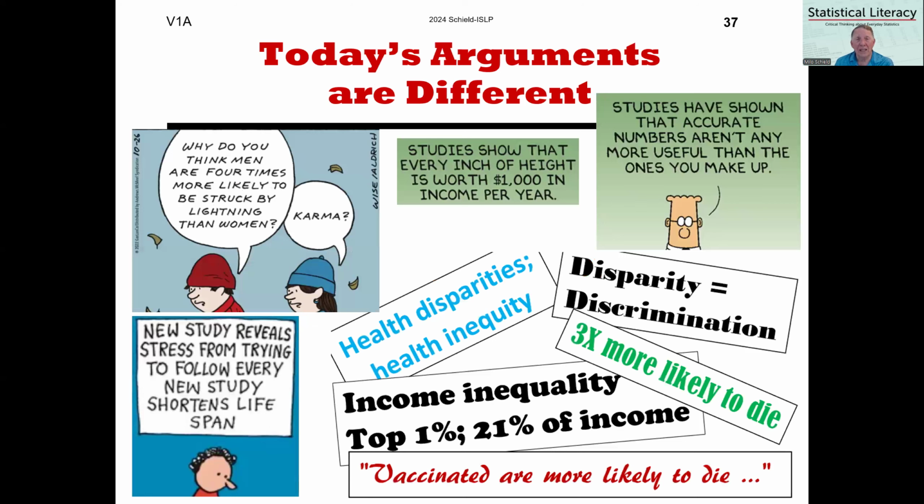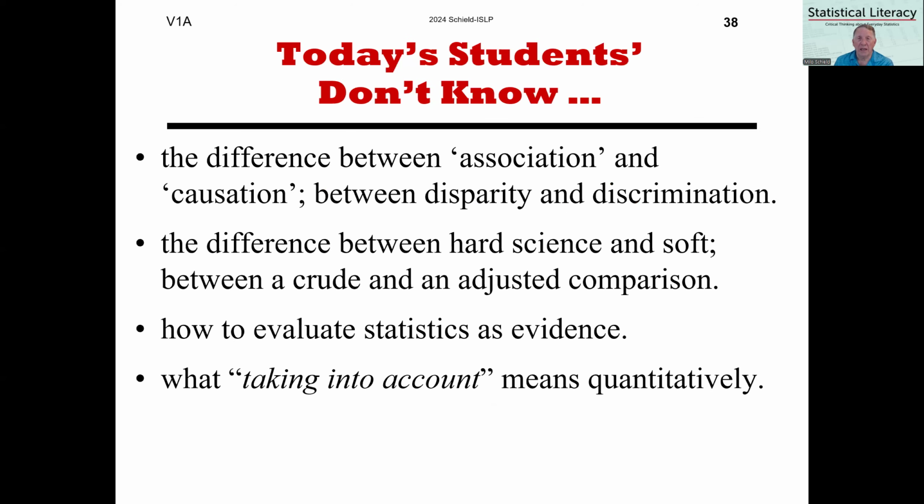What do our students see? Studies say, studies show, study reveals, disparity, discrimination, inequity. This is where our students are. This is where we need to be. In my opinion, today's students don't know the difference between association and causation. They don't know the difference between disparity and discrimination. They don't know the difference between hard and soft science, between a crude and an adjusted comparison.